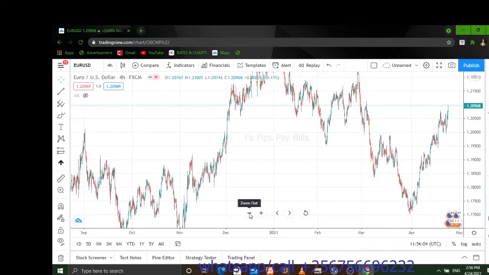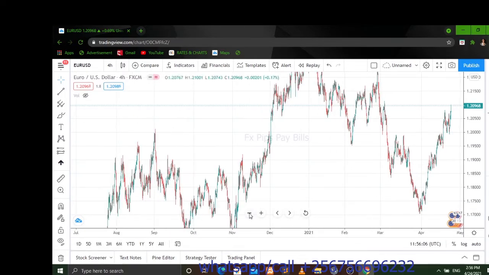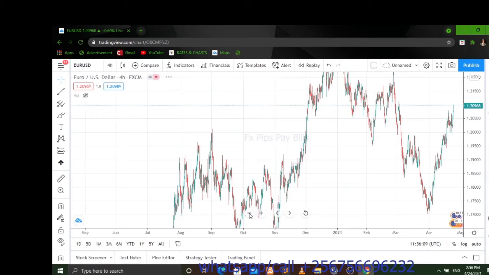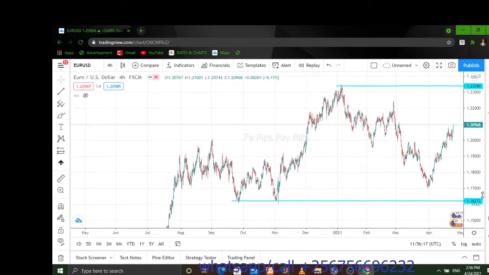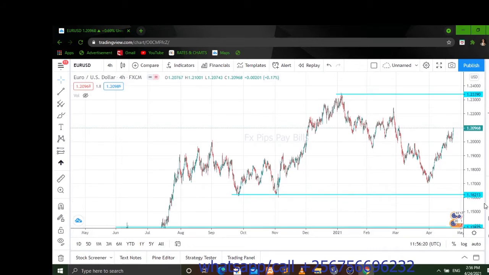If that is not enough, we can add in a little more until July, until May. That is okay. That's about 1 year. So now what we do is to find out the support and resistance lines.